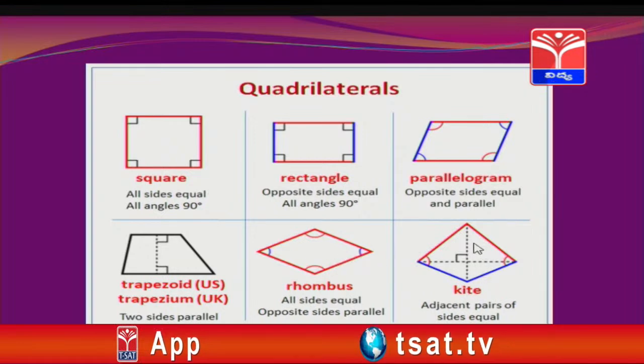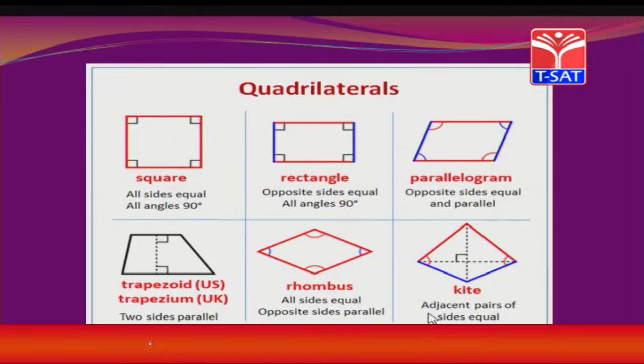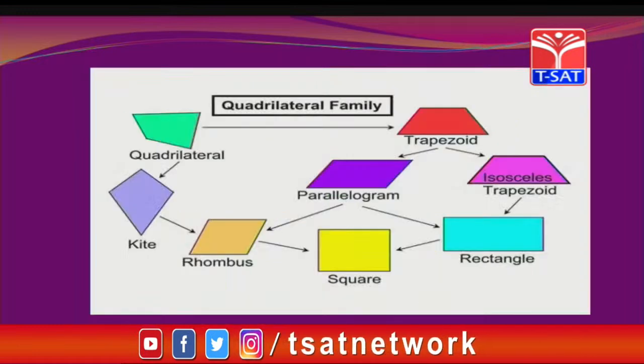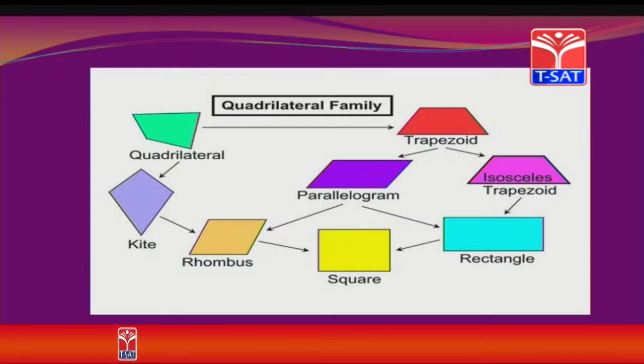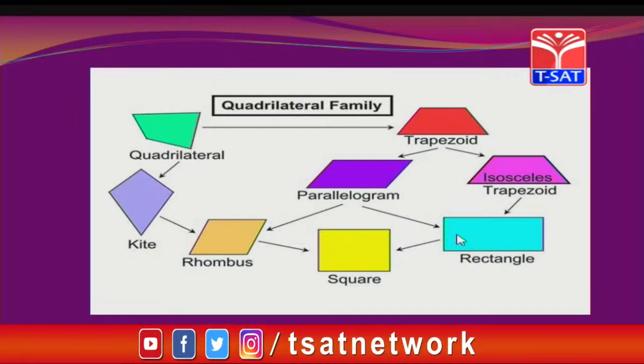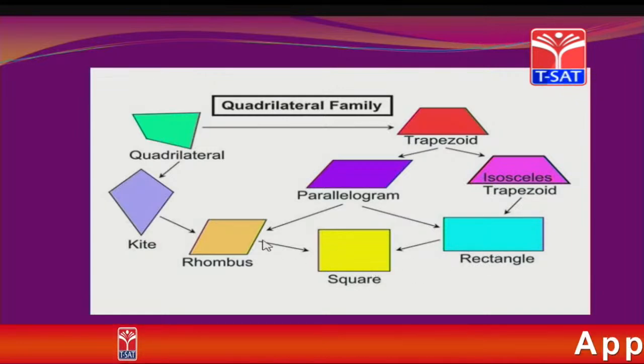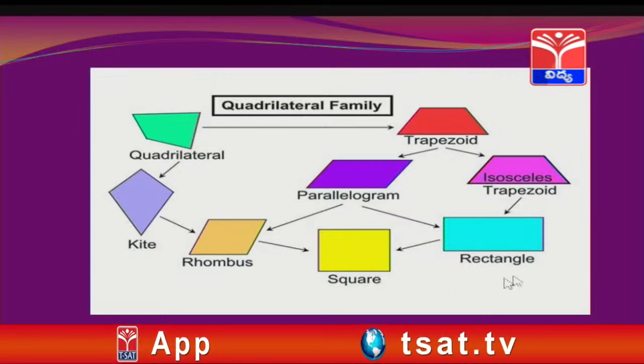This is a kite, where adjacent pairs of sides are equal. From the quadrilateral you get a trapezium, and from the parallelogram you get rectangle, square and rhombus. These are all parallelograms.